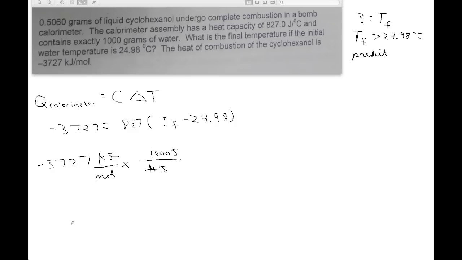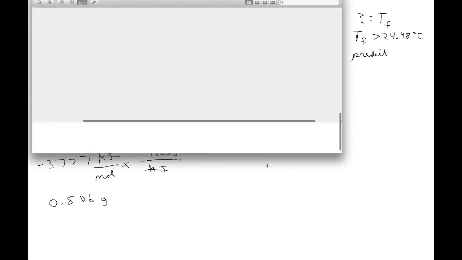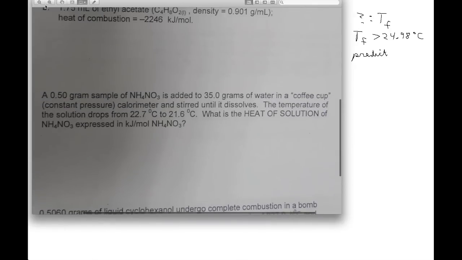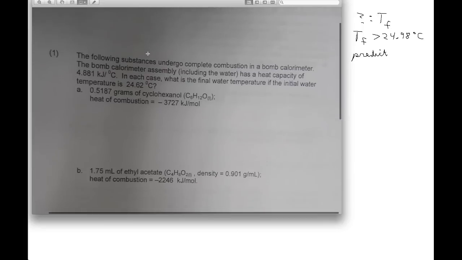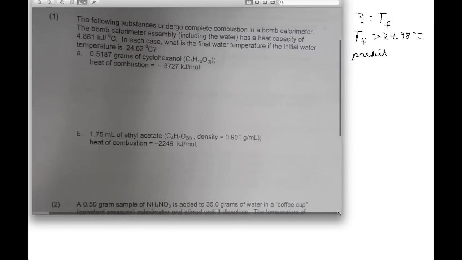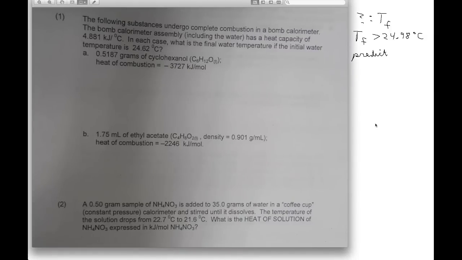So then 0.5060 grams cyclohexanol, and that's 100 grams per mole.